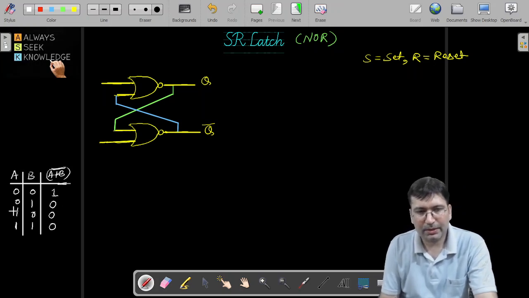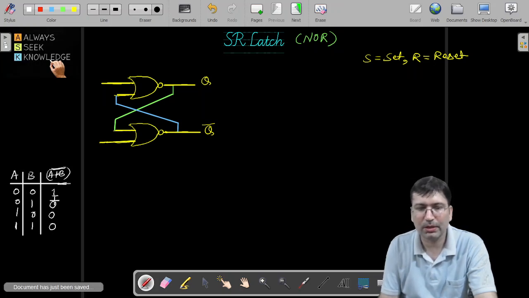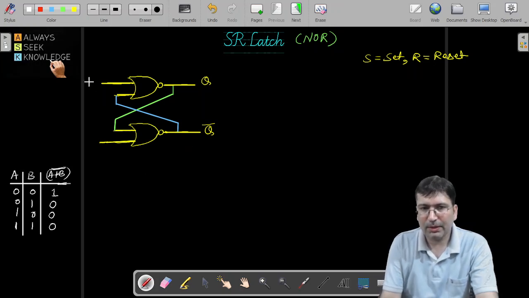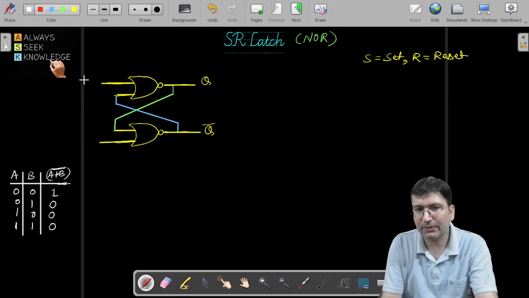So there is a point which we should keep in mind. If either of the inputs in case of NOR gate is high, NOR gate will generate output as low. If both the inputs are low, then only it will generate output as high. So if I make this pin as set pin, as if it will become 1, then Q will become 0.